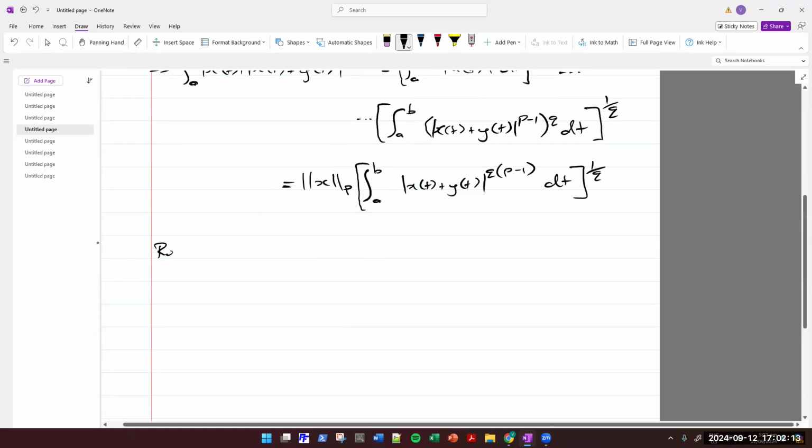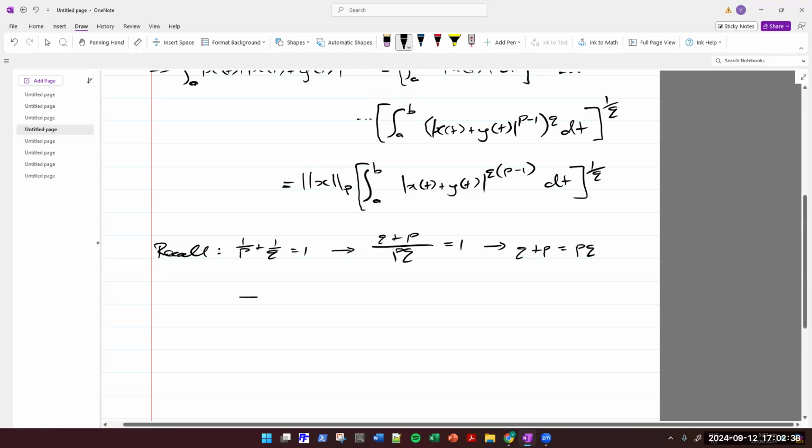Recall that 1 over p plus 1 over q is equal to 1. So from that, I could write p over q, q plus p equal 1. Then cross multiply, and I get q plus p equal pq.